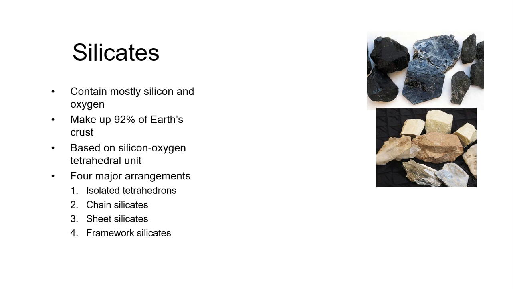Now, since silicon is one of the primary elements in the crust, we can divide the rocks and minerals in the Earth's crust into silicates and non-silicates. A silicate is a mineral that contains mostly silicon and oxygen. This actually makes up about 92% of the Earth's crust.